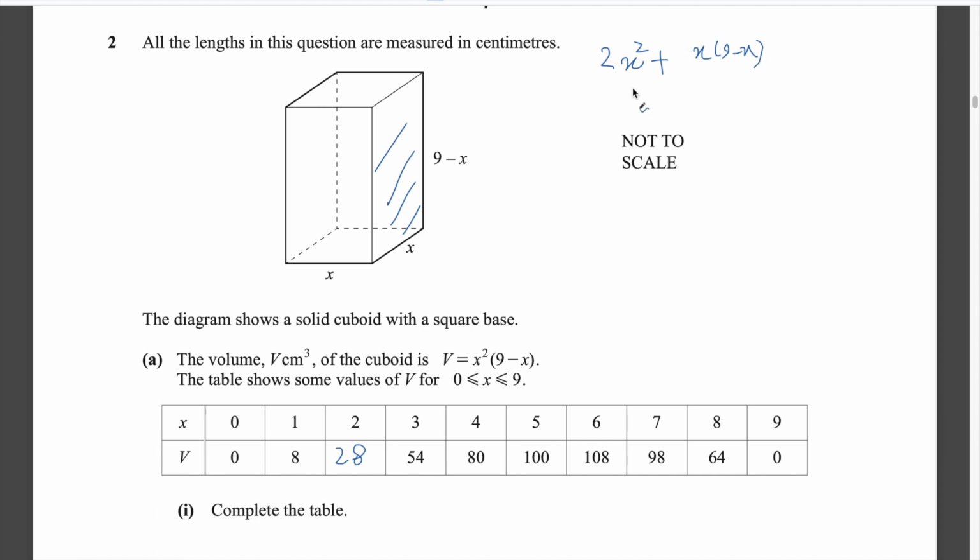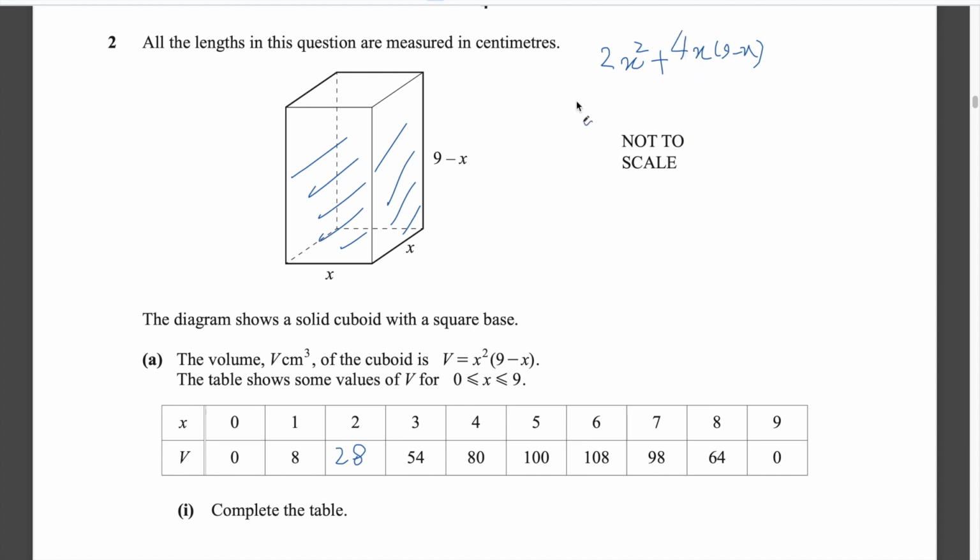So you have 2 on the right and left, actually all 4 are identical, because the area of this face also is x times 9 minus x, so I multiply by 4.